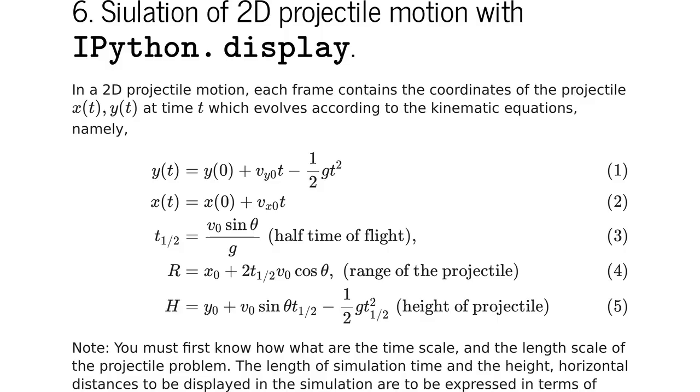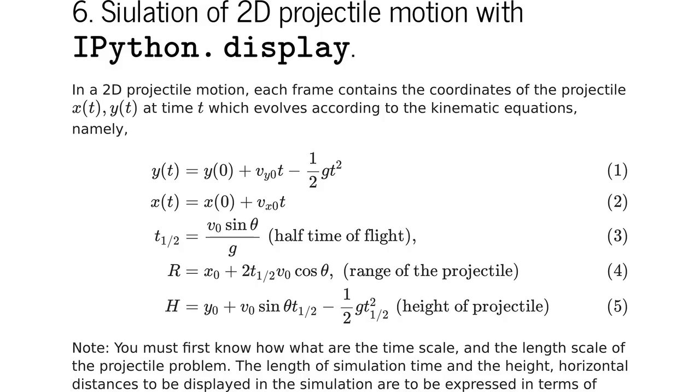To effectively set up our simulation, it is crucial to understand the characteristic scales of the motion. These include the half-time of flight, often denoted t sub 1/2, which is calculated as the initial speed v0 times the sine of the launch angle theta, all divided by g. The range, r, is the total horizontal distance traveled and is given by the initial x position plus 2 times the half-time of flight multiplied by v0 times the cosine of theta.